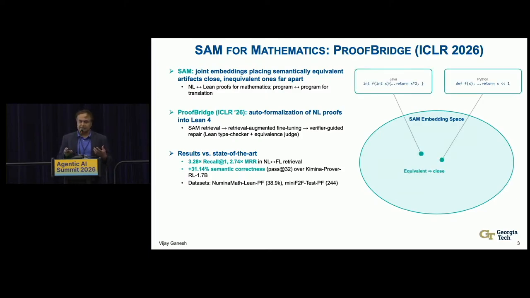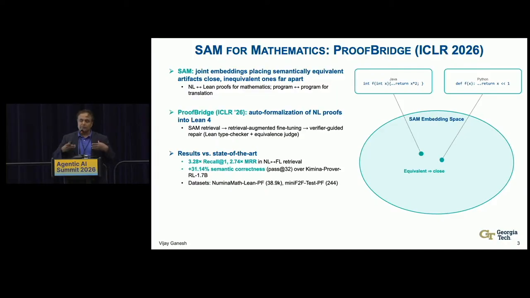The concept of semantic alignment is not new. People have talked about it in many settings, but in mathematics, it takes a particular meaning. What we mean by semantic alignment with respect to the auto-formalization problem is as follows. Recall again what the auto-formalization problem is: you have natural language math represented in one modality, and formal language math.